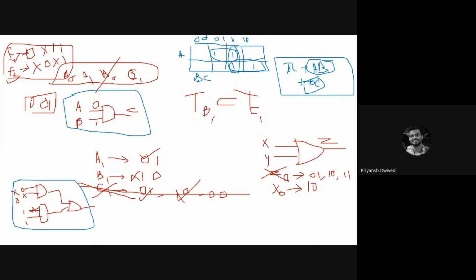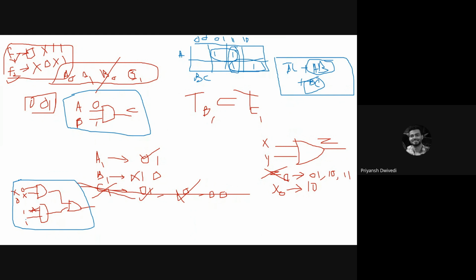For example, if that AND gate does not have a fault, then it should give 1 as output. And if it has a fault, it will give 0 as output. But sir, if we want to propagate that fault, then we have to give 1 to the second AND gate, because if it does not have a fault, it should give 1 to the final output.